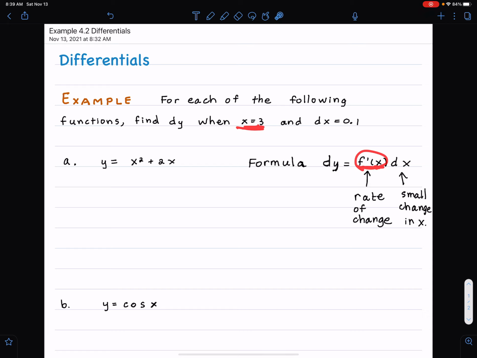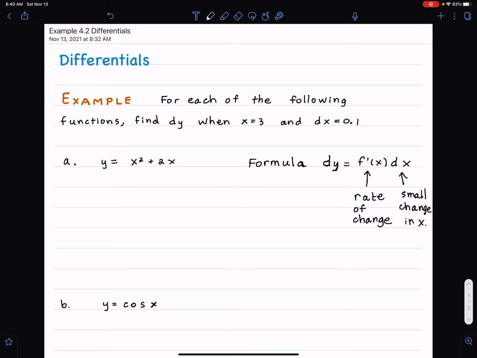You evaluate at x equals 3, and you find the rate of change at x equals 3. Now, as x changes by, in this case, 0.1, we assume throughout that interval over which it changes that the rate is constant. But for this function, the rate won't be constant. So that's why it's a linear approximation.